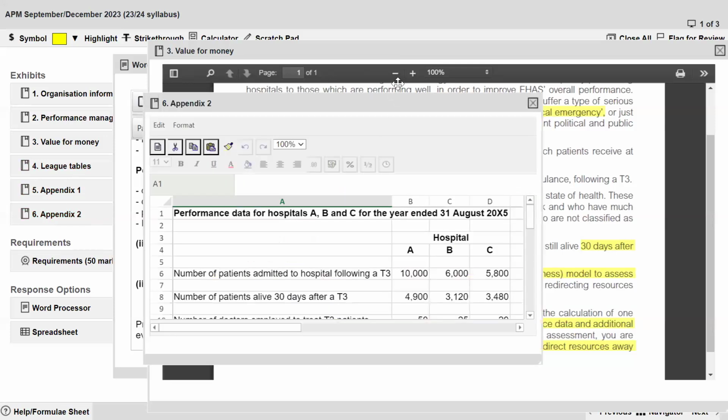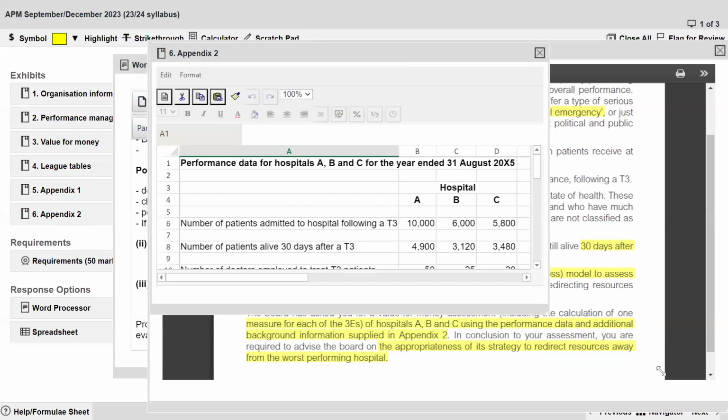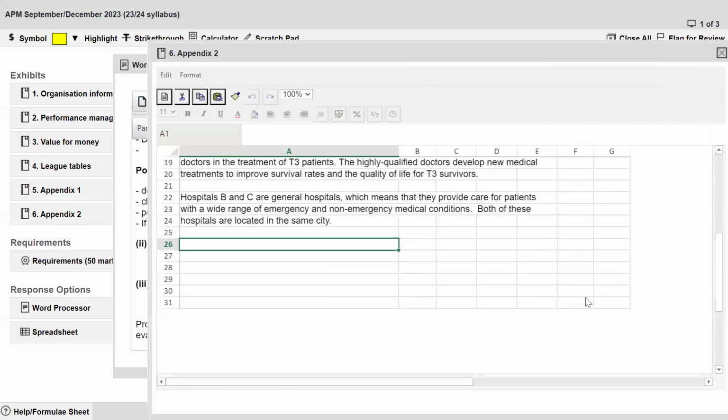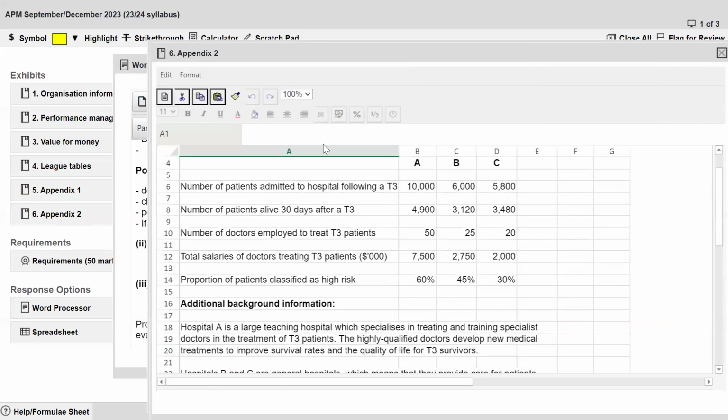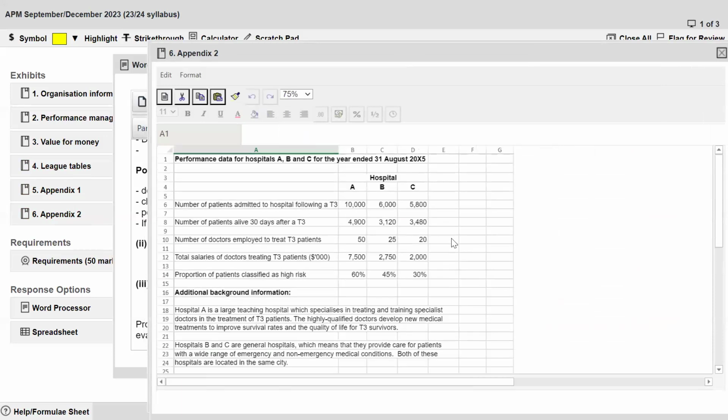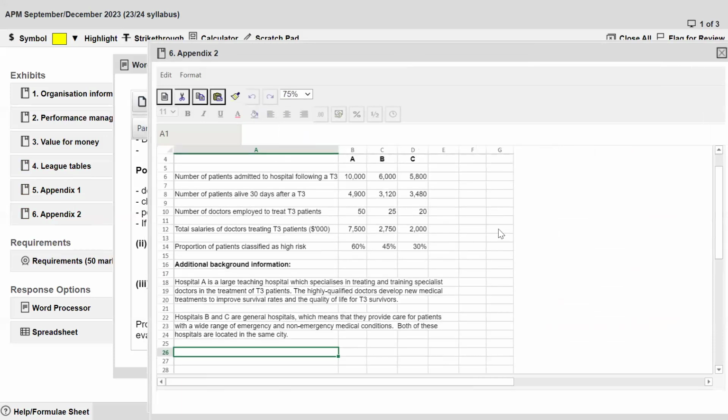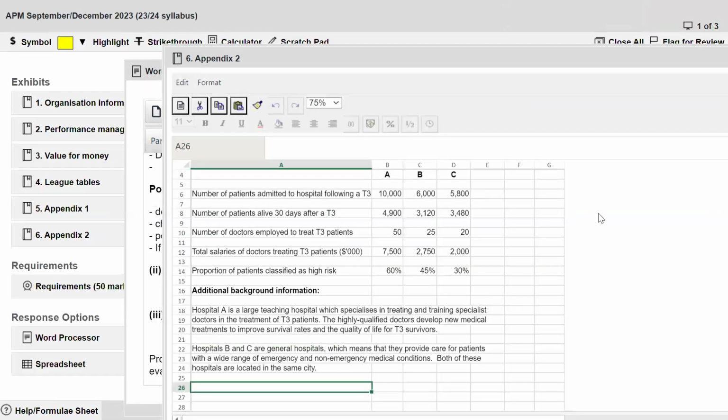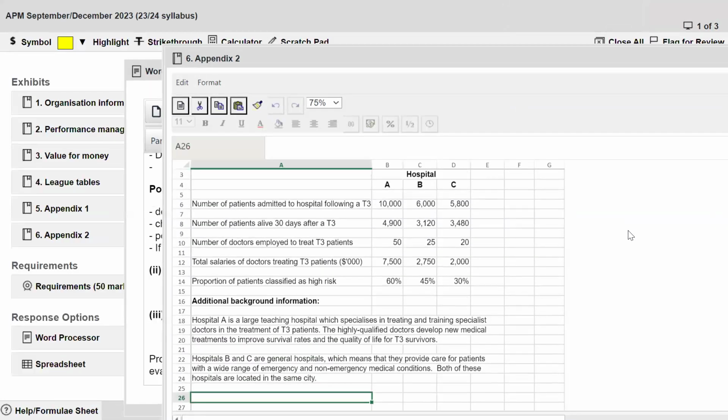Can you go through Appendix number 2? I'll zoom out a bit so that it is clearly visible to all of you. Actually, you might have to zoom in on the screen a bit to see this.